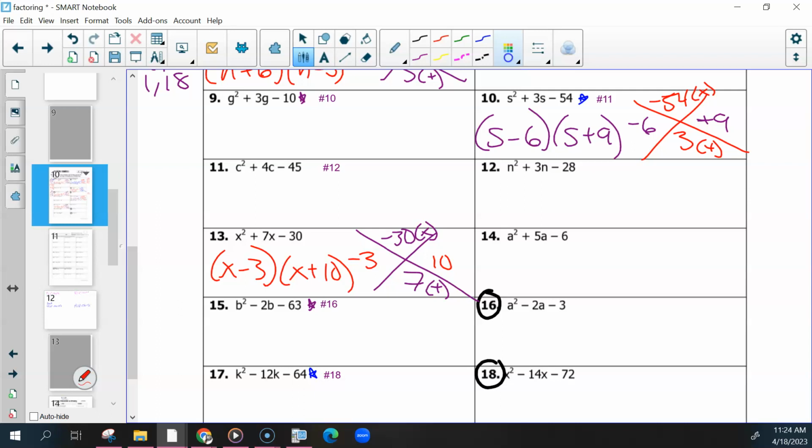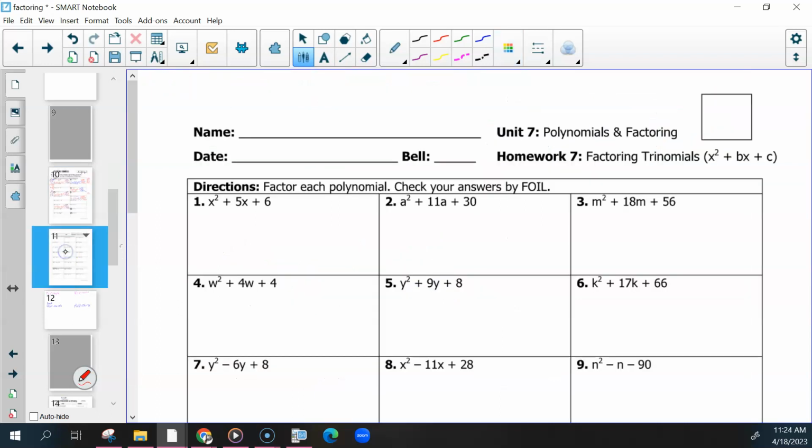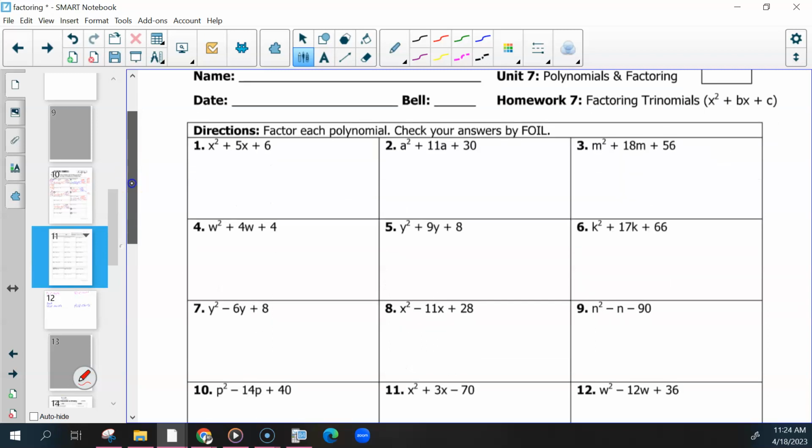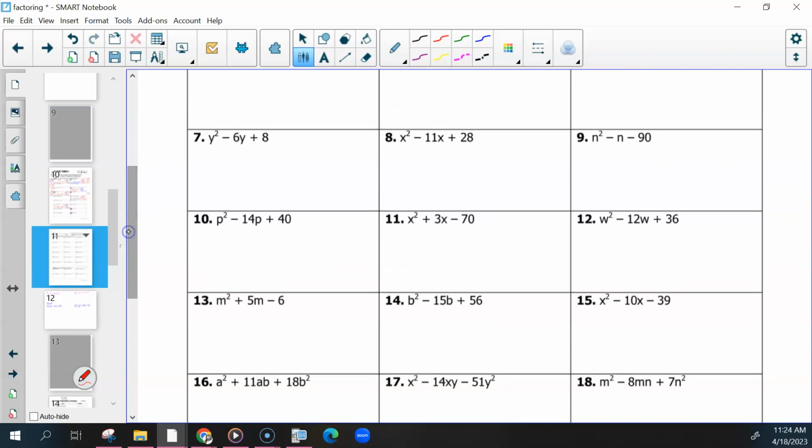Now we're going to do the opposite and see what happens when we have a minus plus, but there aren't any on this page. There are some on the back. So if you look on the back of this same page, and things like 7, 8, 10, 14, those are all these types of examples.